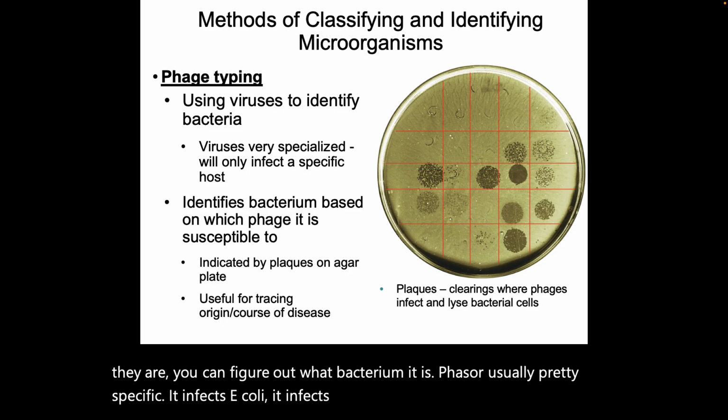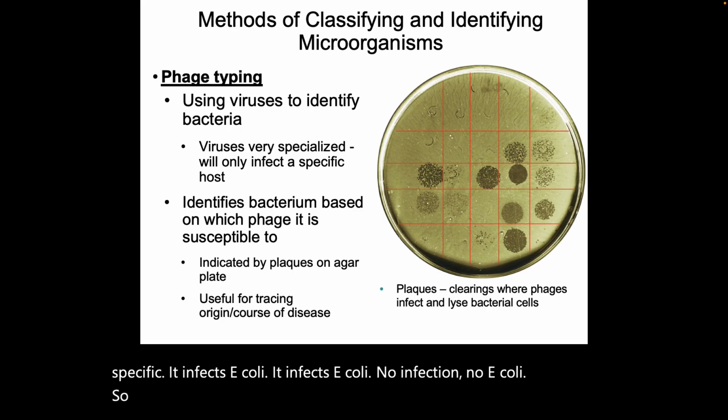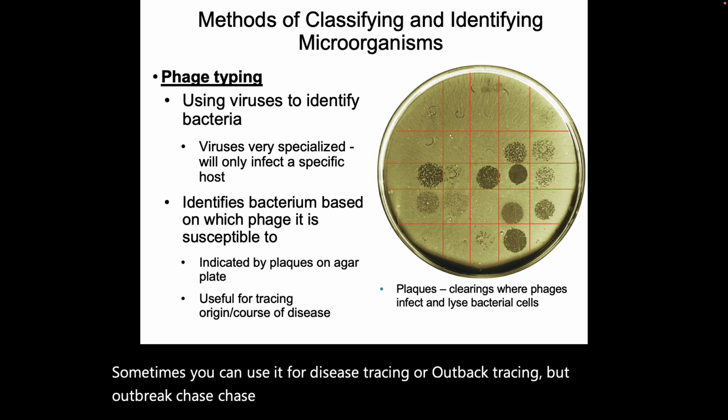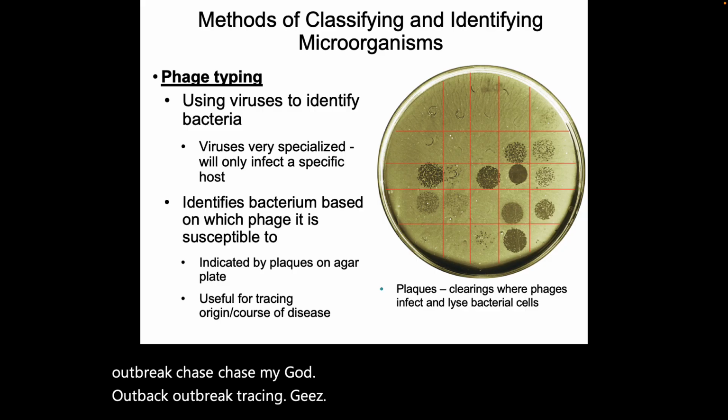No infection, no E. coli. So again, not terribly common in a clinical setting. Sometimes you can use it for outbreak tracing, but again, not common in the clinical setting.